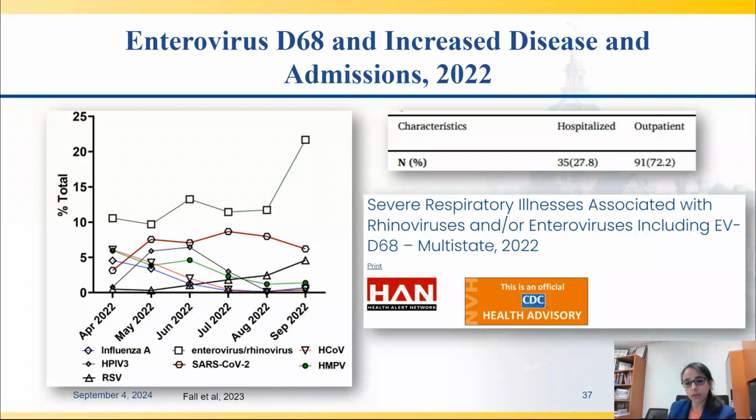This was consistent with national reports of outbreaks of severe illness and admissions. Specifically, I'm showing that the admission rate in our system in 2022 was more than 27% of the total infections with enterovirus D68.